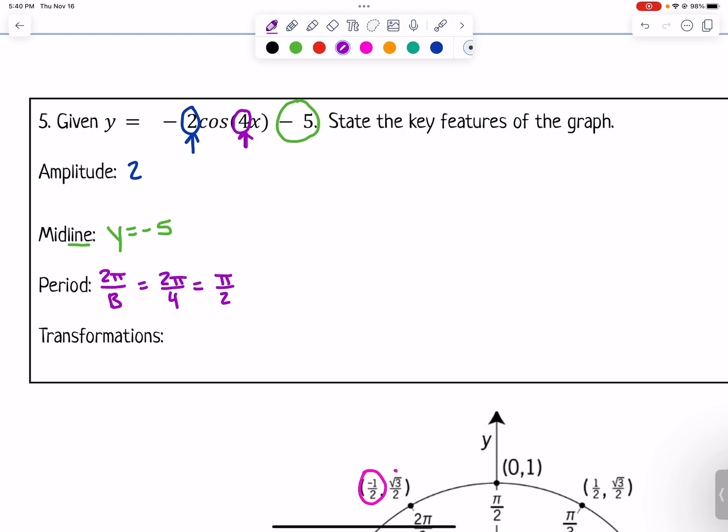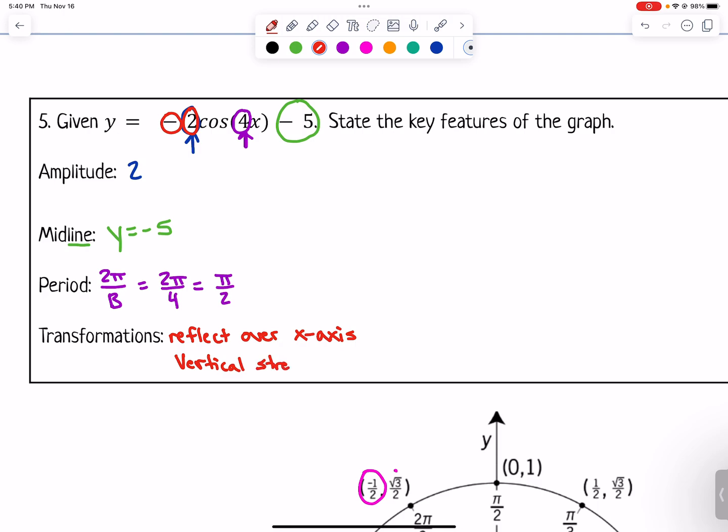And then the transformations are that we have a negative in the front, so that makes it always reflect over the x-axis when that happens. We do have an amplitude of 2, so that makes it have a vertical stretch by a factor of 2, just like our A value always does those 2 jobs.